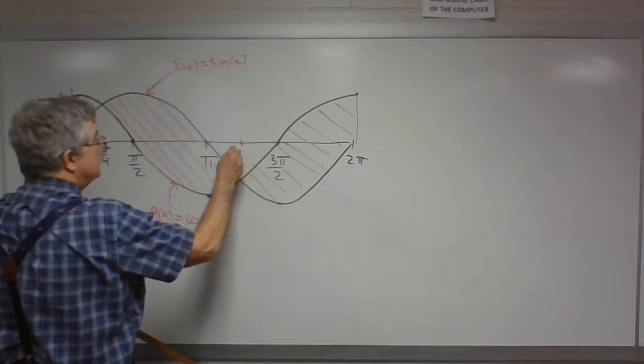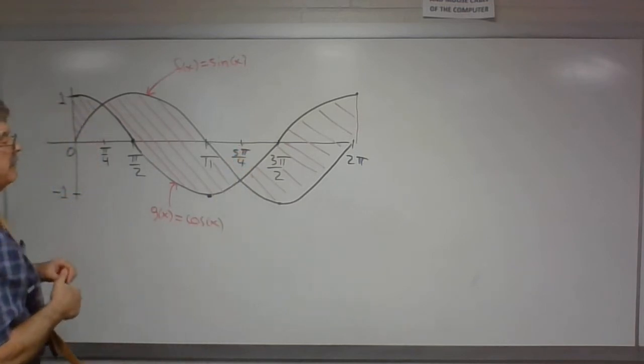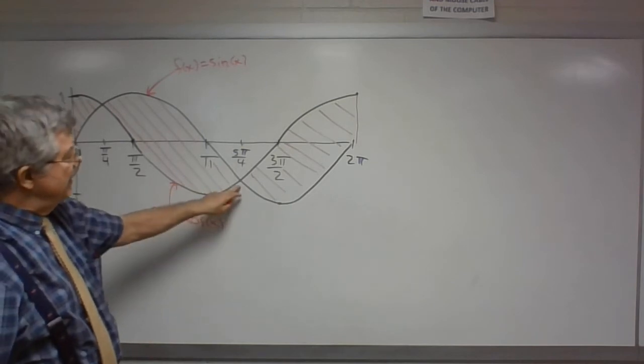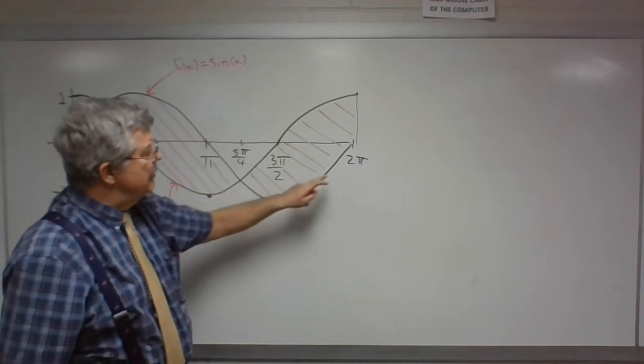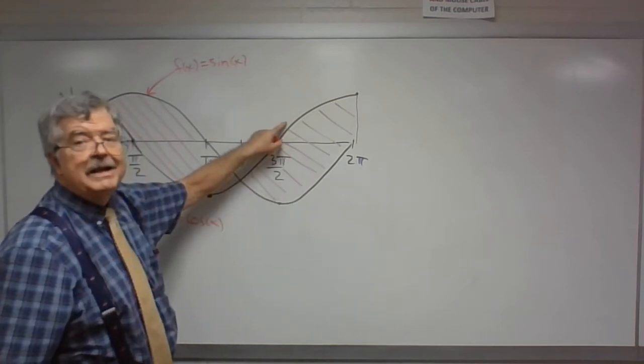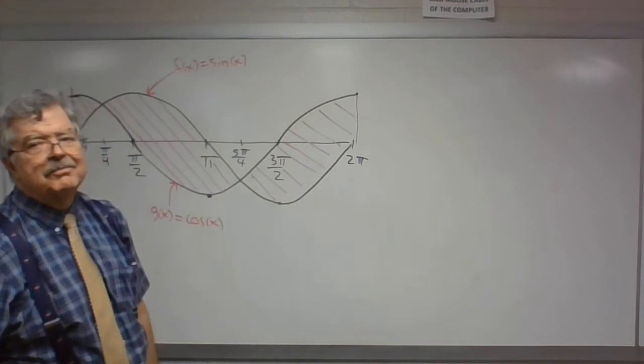And I guess this will be 5 pi over 4. At 5 pi over 4, the graphs crisscross again. And from x equals 5 pi over 4 to x equals 2 pi, cosine again is the greater function and sine is the smaller function.